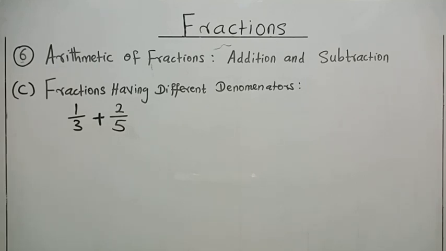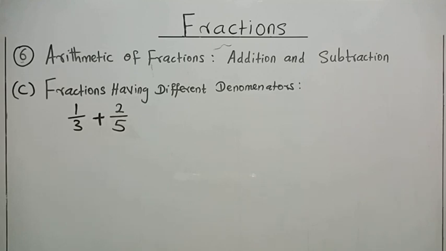This, in a way, is different from the questions we have solved. Why? If you watch this number operation, 1 over 3 plus 2 over 5, you notice that, unlike others, this case has two different denominators, 3 and 5.